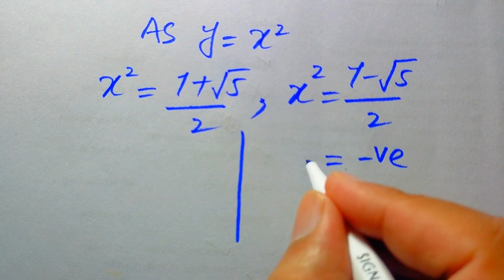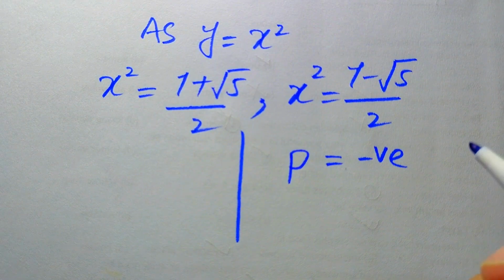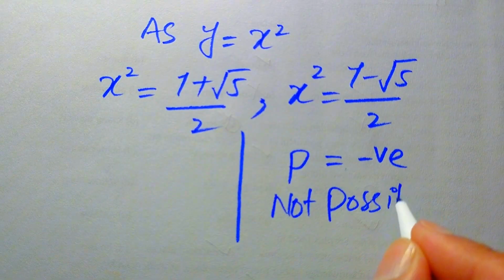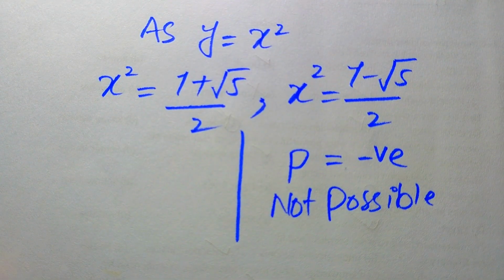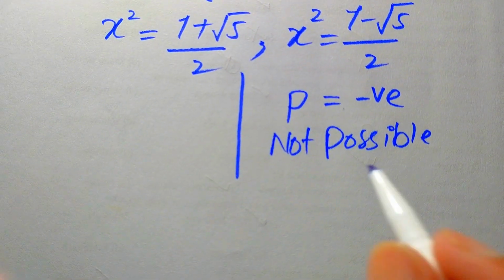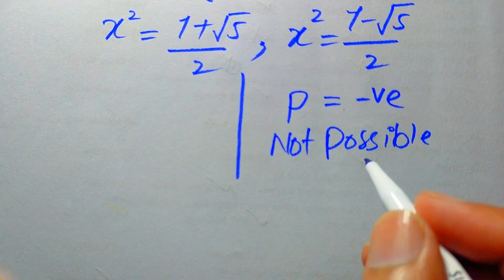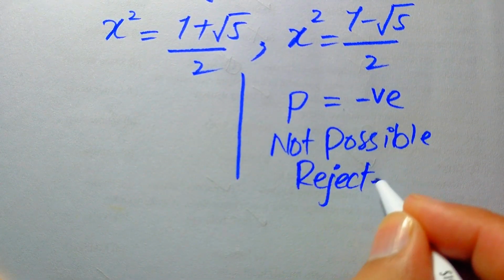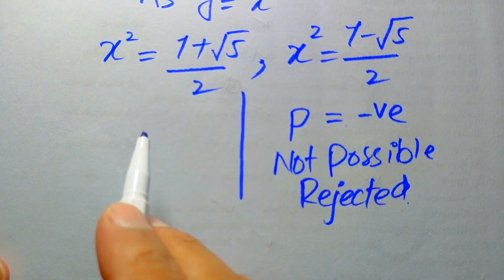So if x square is negative, it means that the perpendicular of the given triangle becomes negative. It is not possible for any side length of the triangle to be negative, because all the side lengths of the triangle are distances, and distance cannot be negative, or distance is always positive. So if the perpendicular is negative, this is not possible, and we reject this case and proceed with only the other case.